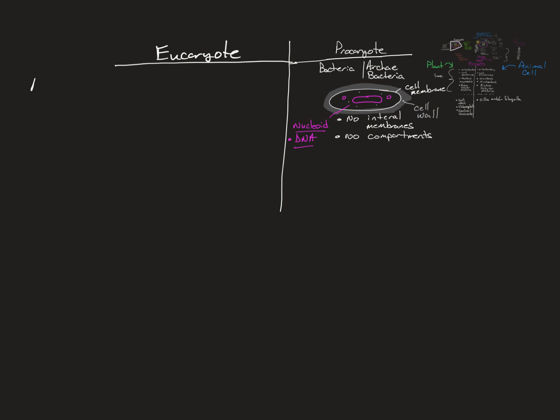Eukaryotes, we know about animals. Animals have a really close cousin, which a lot of people don't think is a close cousin. In fact, we used to think they were plants, but they're very close to us in how they do things. We call them fungi. So mushrooms are very close to humans.